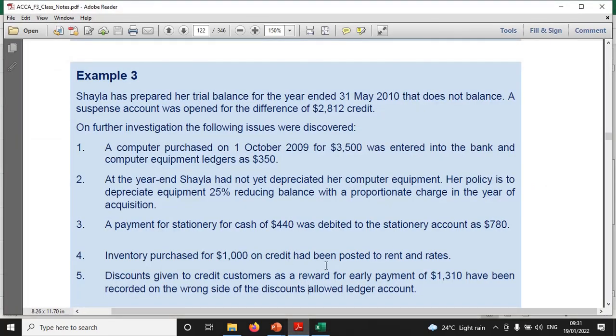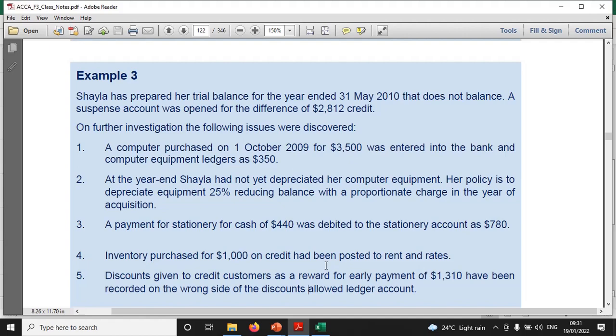Inventory purchased for 1,000 on credit has been posted to rent and rates. What type of error? You see, when you're dealing with inventory, you're dealing with purchases, right? So what type of error is this? Error of commission. That's correct. So simply, we debit purchases and credit what?